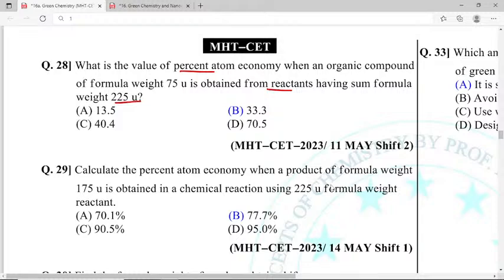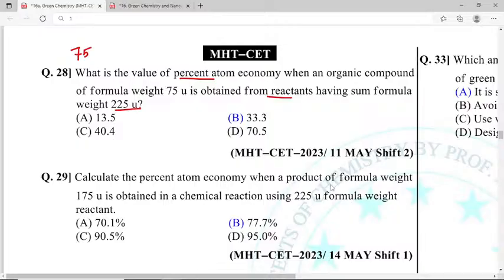So what we have to calculate here is 75 divided by 225 multiplied by 100. Get it? So we'll get the answer 33.33. BHC stands for benzene hexachloride.